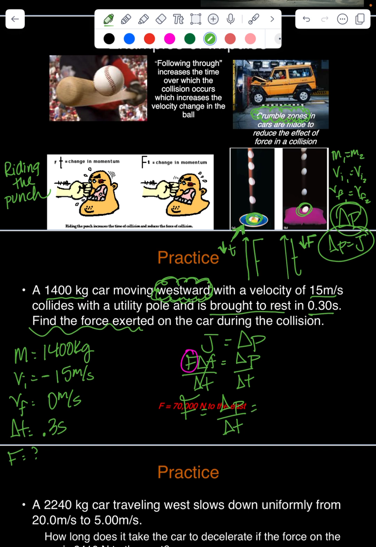Now, I know that delta anything is final minus initial. So my change in momentum, delta P, is equal to my final momentum minus my initial momentum over my time interval. And I know that because P, momentum, is equal to mass times velocity, my mass is not changing here. Only my velocity is changing here.